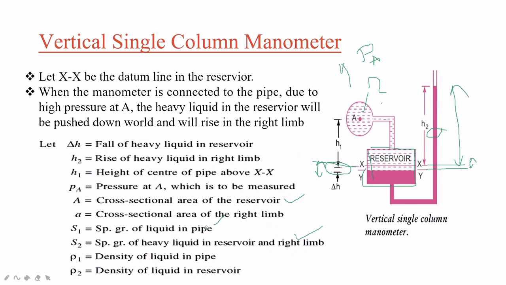Specific gravity of heavy liquid means this is heavy. But here in the statement, what they have given? Fall of heavy liquid in the reservoir. This is the heavy liquid, which was initially at X. Due to the high pressure here, that settled down, which means this liquid is pushed up.